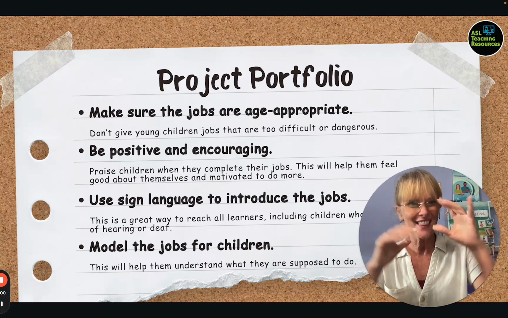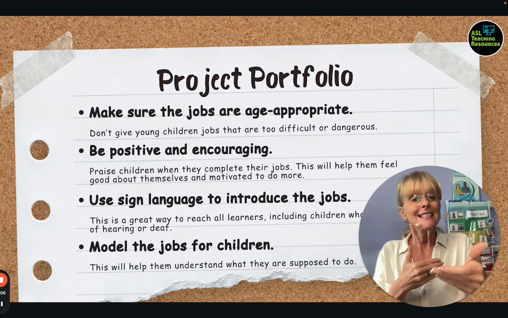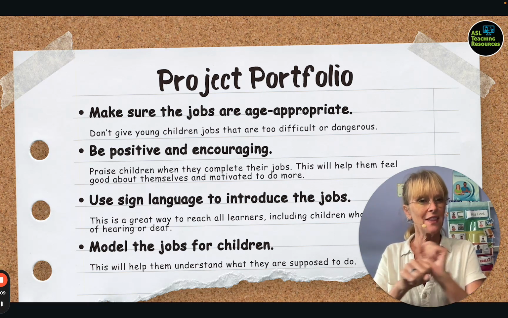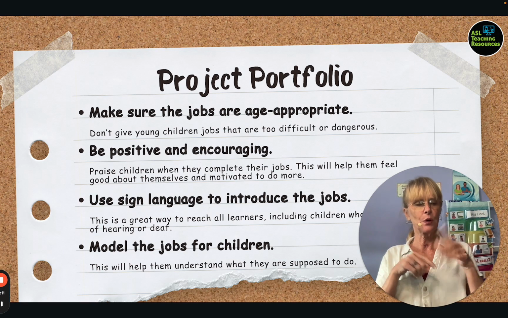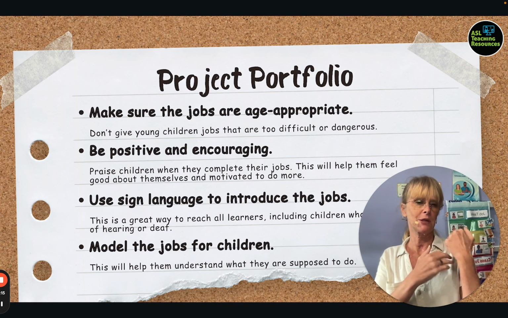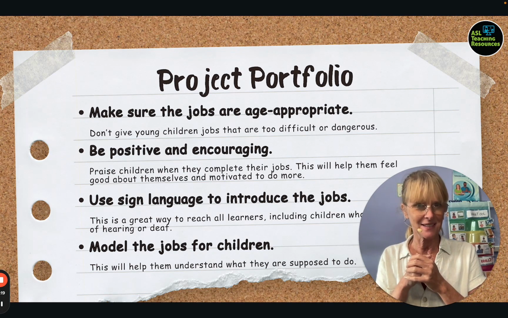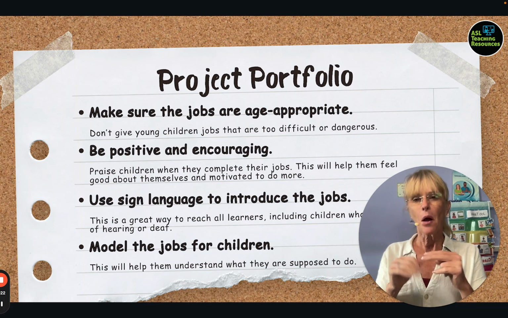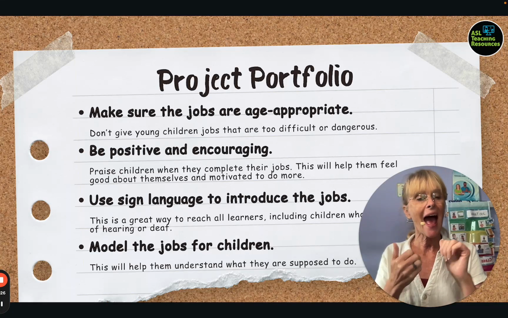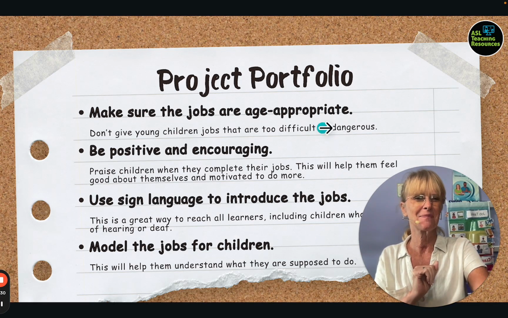Can you imagine that? How beautiful that would be, seeing this. So this is a time to start introducing signs with the jobs. And we go back to earlier when we talked about maybe just starting with 3 job responsibilities, and then you're teaching the signs with this. And of course, model the jobs for the children so they understand how to do their responsibilities.